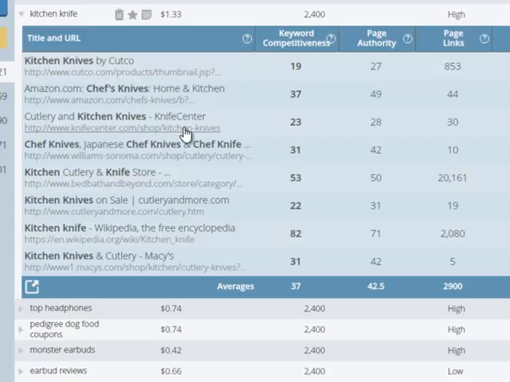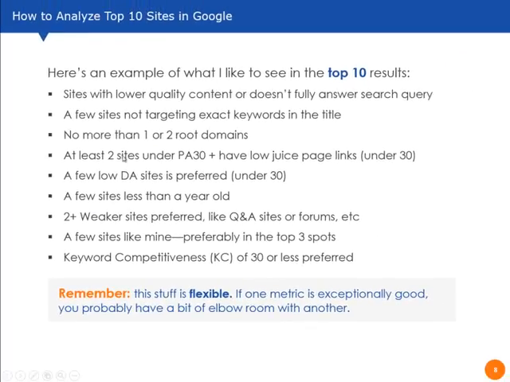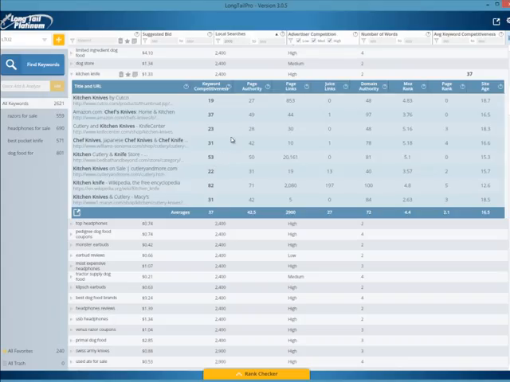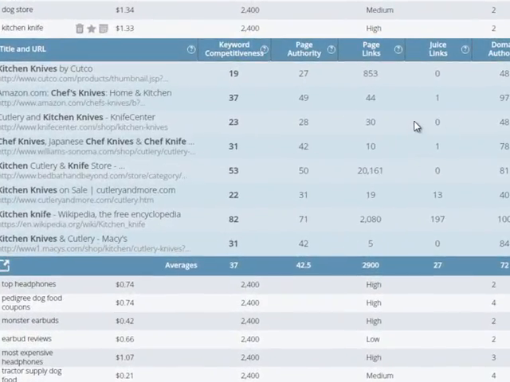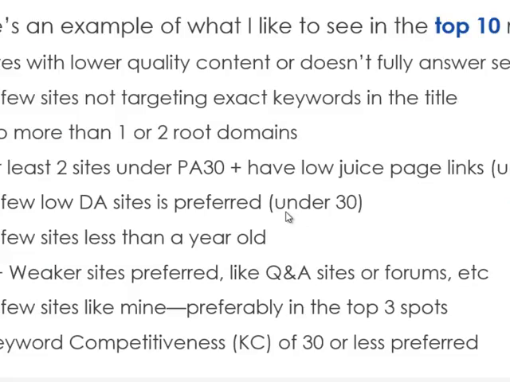All of these are sub pages. Next, at least two sites under a page authority of 30 and have low juice links. Let's take a look at that. Page authority, there is one and it does have low juice links. There's two and it does have low juice links. So we actually do meet that criteria, but there's still more to look at.